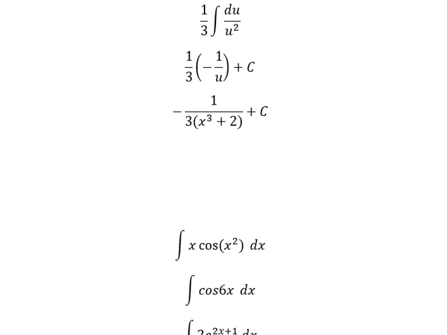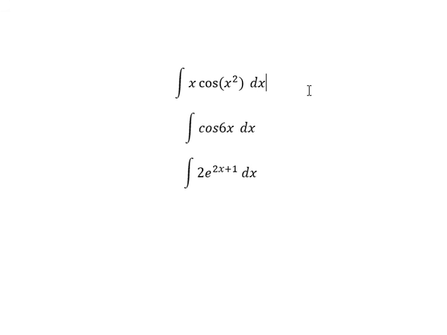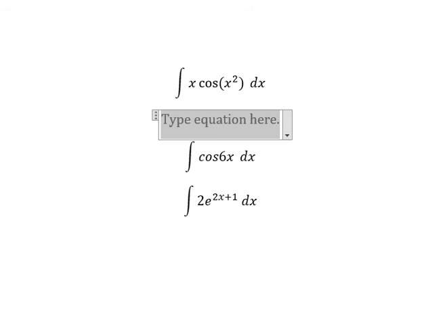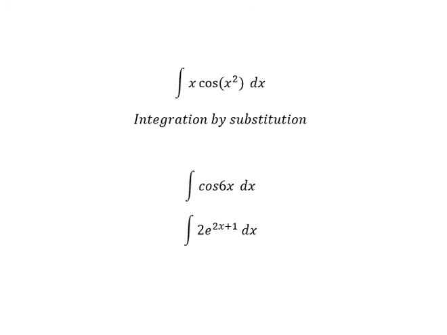Now let's go to the next one. We need to use integration by substitution. So I will put u equals to x squared. Later we do first derivative for both sides. We have 2x dx.